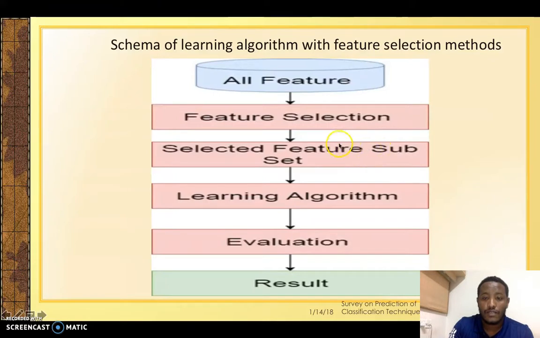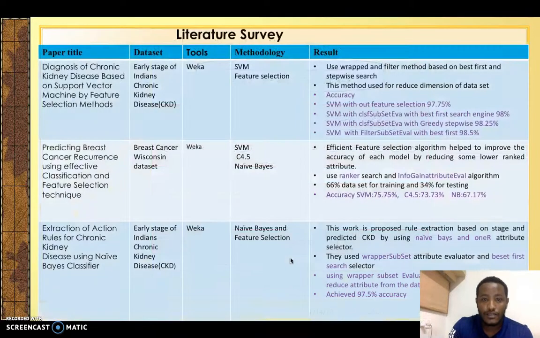The selected features participate in the training algorithm. There is also the learning algorithm, the classification algorithm that classifies the selected features. Then we evaluate this algorithm by different criteria, so we finally get the results.